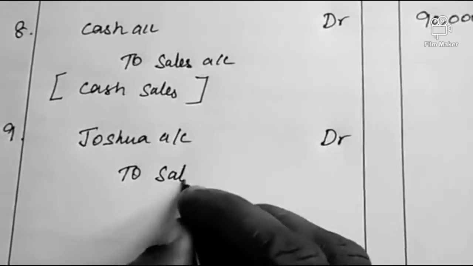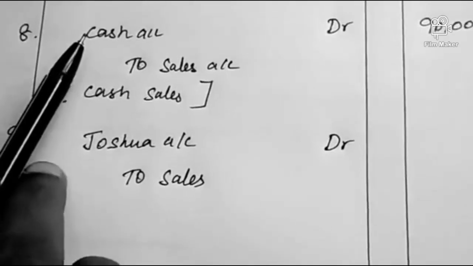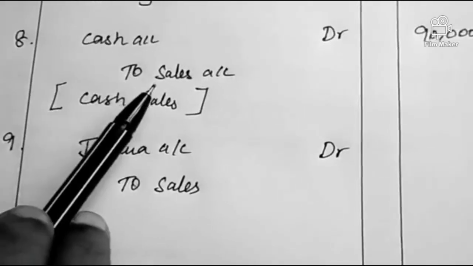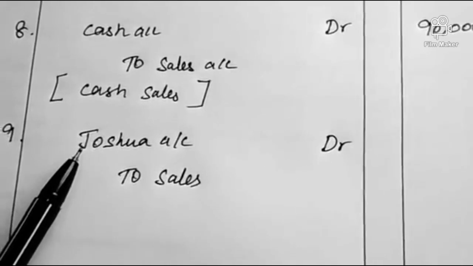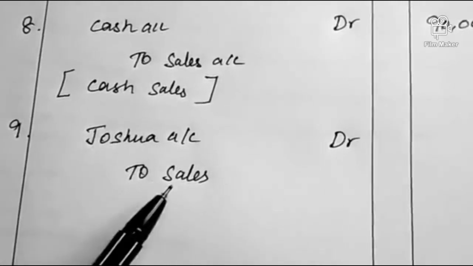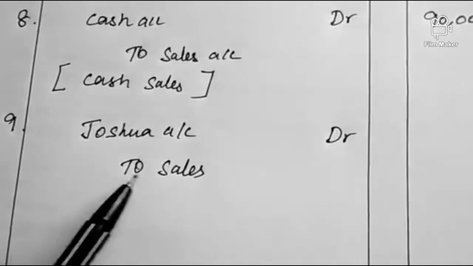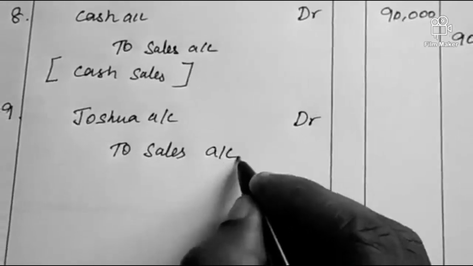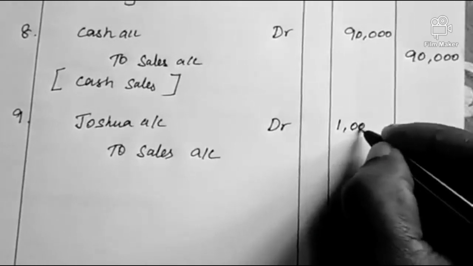So Joshua account debit to sales account. How much? 1 lakh rupees.